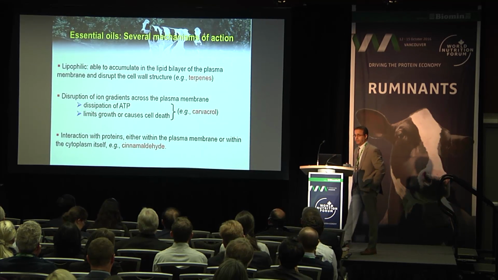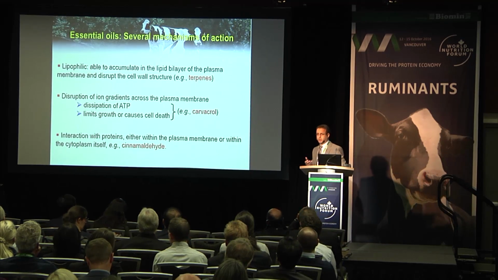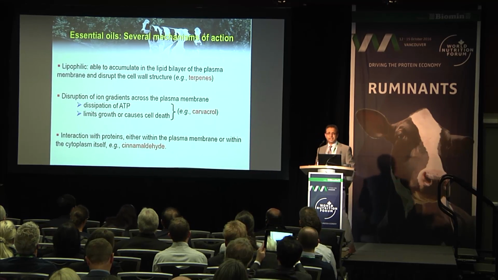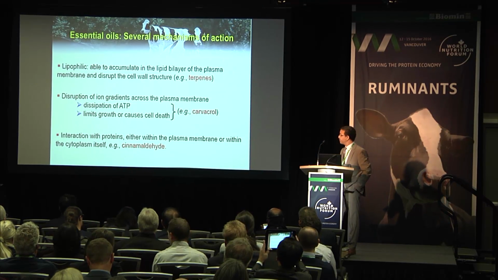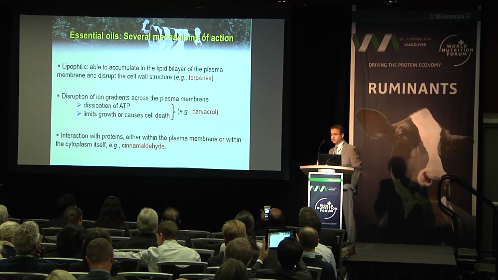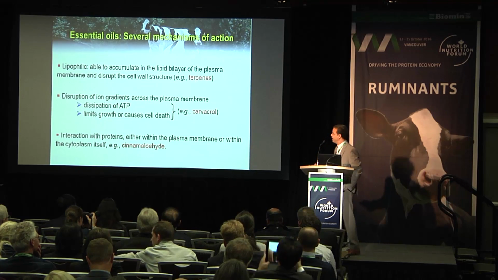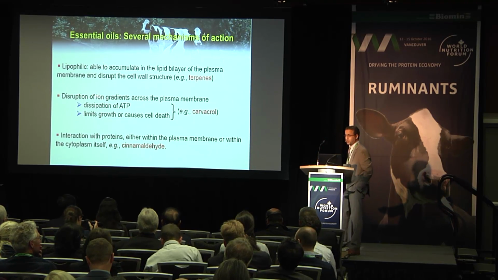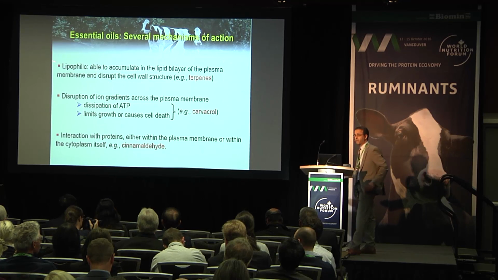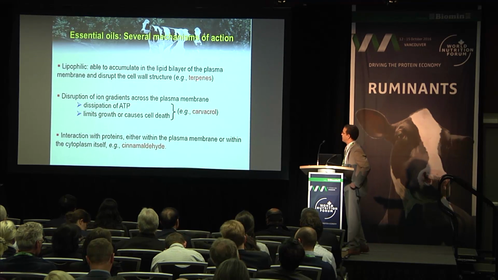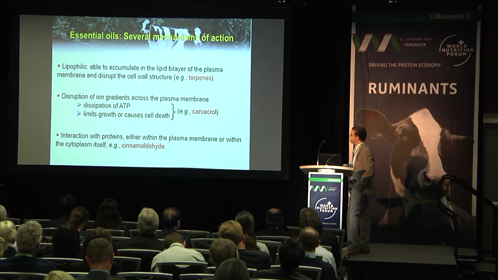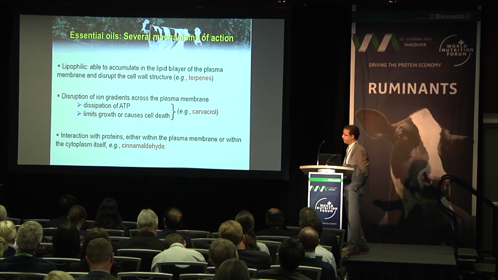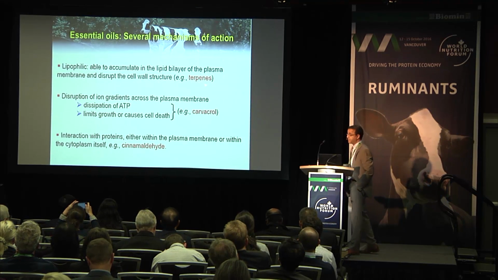Given the diversity in terms of chemical composition of essential oils, it is unlikely that their antibacterial activity is due to a single mode of action. We know that essential oils are lipophilic, and therefore they're able to accumulate in the lipid bilayer of the plasma membrane and disrupt the cell wall structure. This mode of action is typical of terpenes.